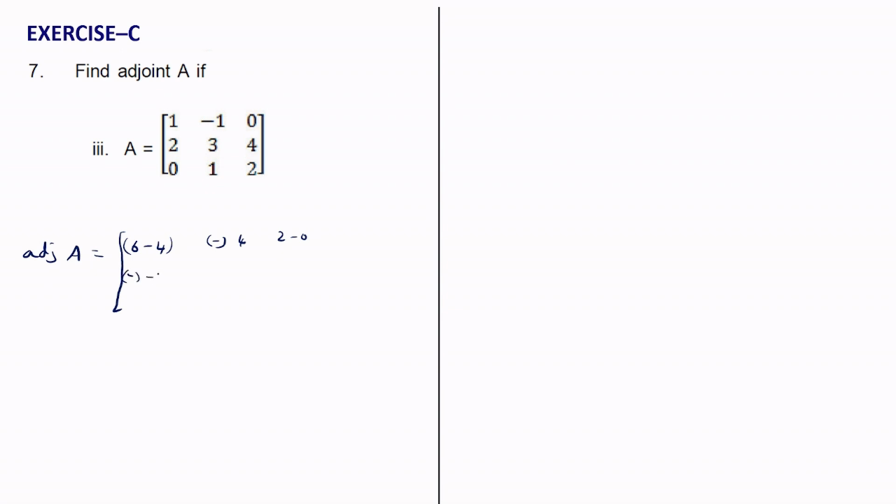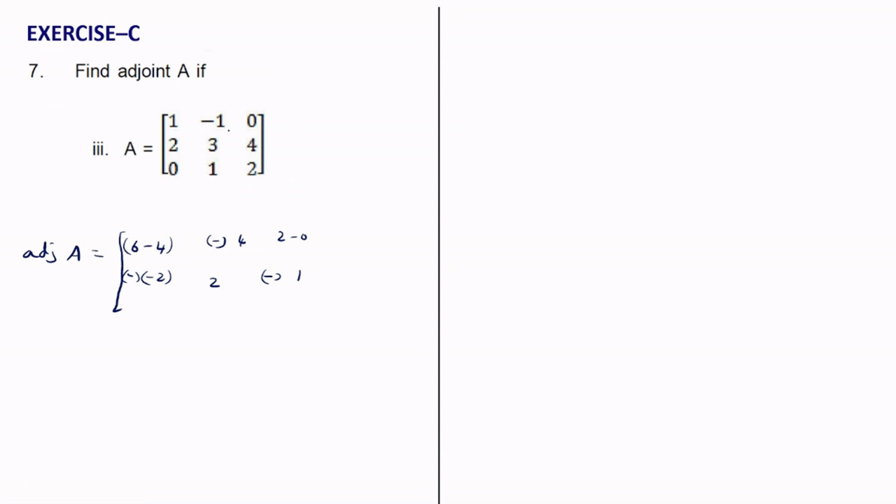Here it is minus of minus 2. Next we have cofactor of this element. It is obtained by deleting second row and the second column. So it is 2 minus 0, 2. Cofactor of 4 obtained by deleting second row and the third column with a negative sign. It is negative of 1. Here cofactor of 0, it is the determinant of this minus 1, 0, 3, 4, which is obtained by deleting first column and the third row.